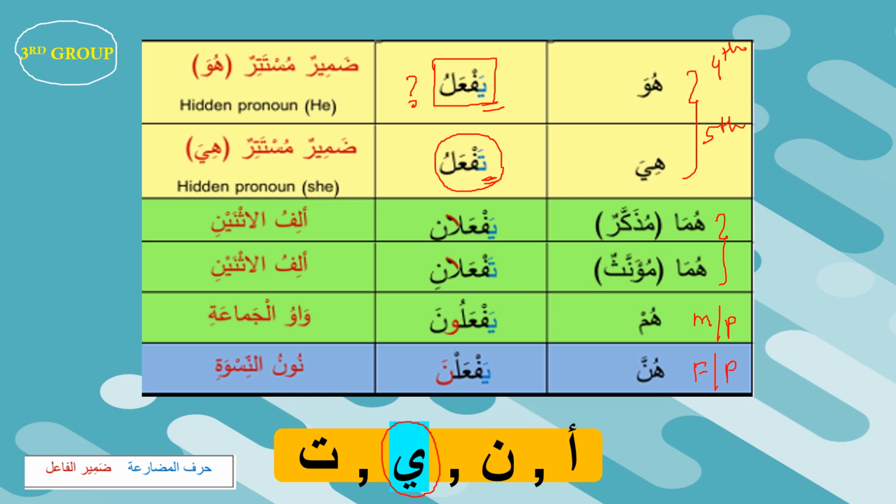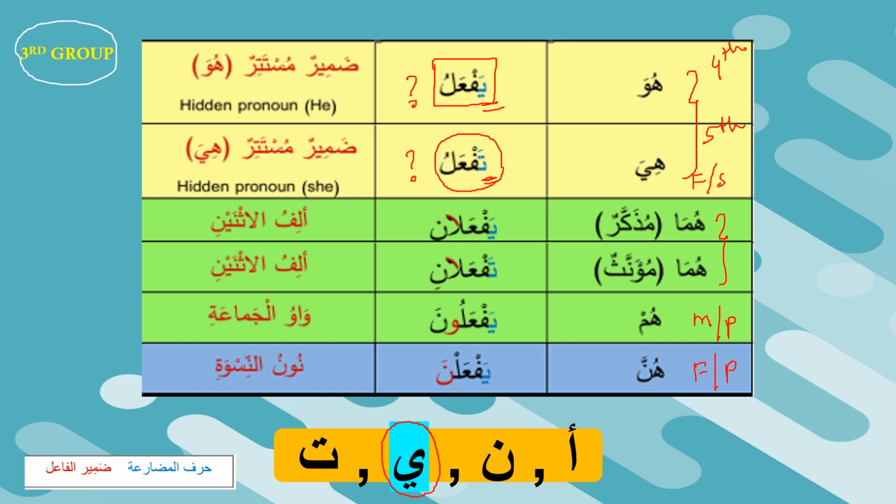But when the same fail taf'alu comes for the feminine singular in a sentence, there will be the name of the feminine or anything that will tell you in the sentence that this taf'alu is being used for the feminine singular. There will be clues in the sentence that tell you taf'alu is being used for the feminine singular from the verbs for the third person. So when you see there is nothing after the fail attached, remember that the damir is mustatir, hidden in the taf'alu for feminine singular.